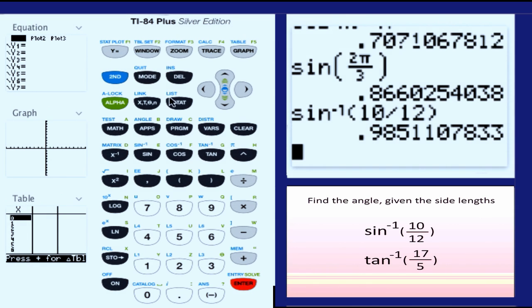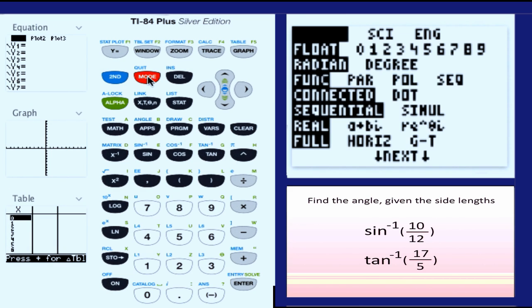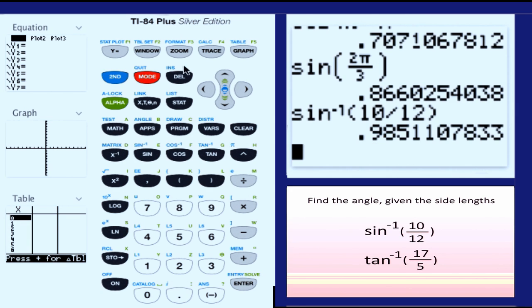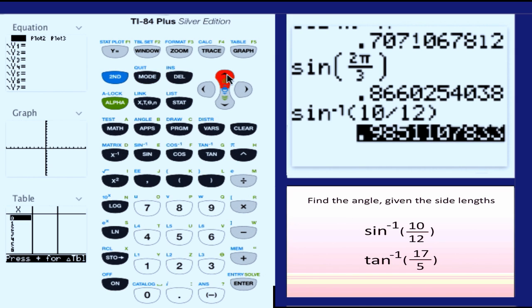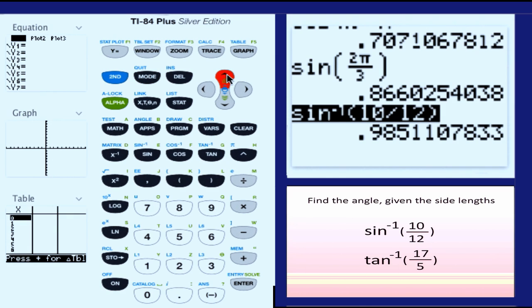So let's just do the same thing, this time in degree mode. So I'm going to go to the mode button. I'm going to change it to degree. So I scroll down to radian, scroll to the right to highlight degree, press enter. Now I need to quit this screen, so go to second, quit. And now I'm going to scroll up. And instead of retyping it, I'm just going to scroll up and grab arc sine 10/12.